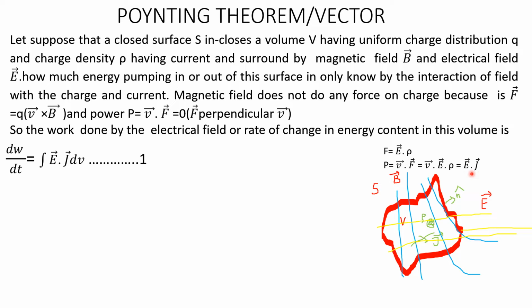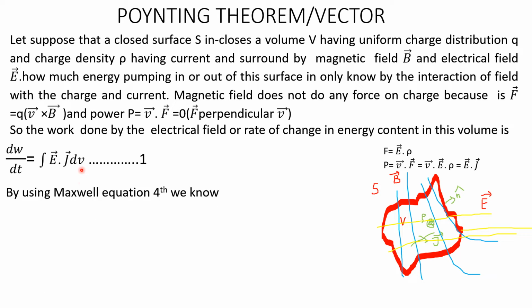So V multiplied by rho becomes J, and our power becomes E dot J. So our rate of work, or the power which is pumped inside or outside this field or on the charge, is equal to the volume integration of E dot J dV.